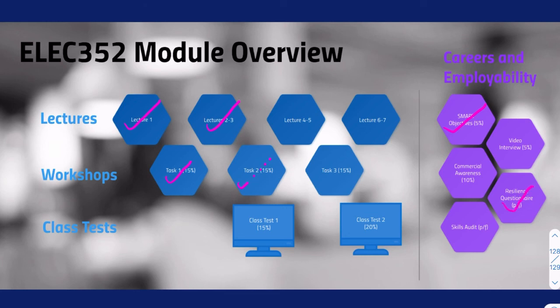The next things to focus on are the class test in week 6 and the next 2 employability events. But your immediate concern should be task 2. So that's for the next 2 workshops on the next 2 Fridays.